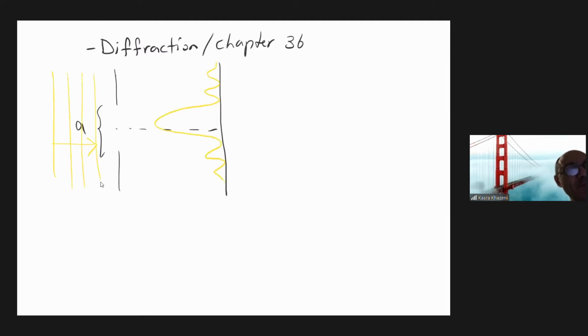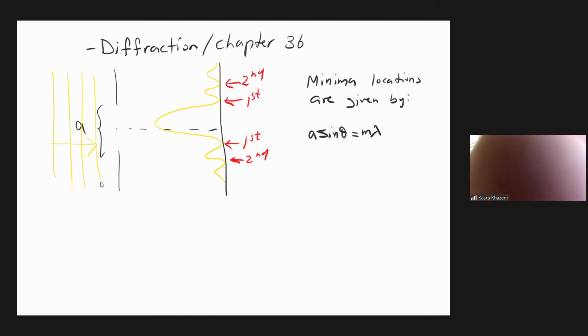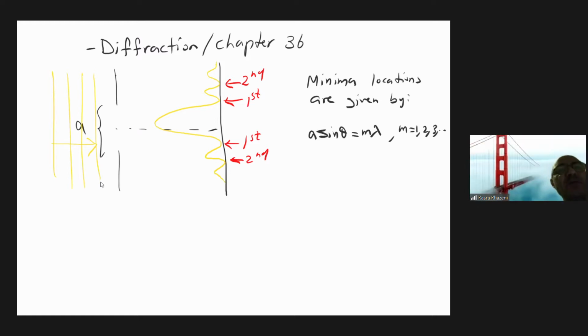And these are the minimum locations: first minimum, second, and so on and so forth. And if you remember, the locations are given by the equation A sine theta equals m lambda, where m is either 1 or 2 or 3 and so on. Okay?